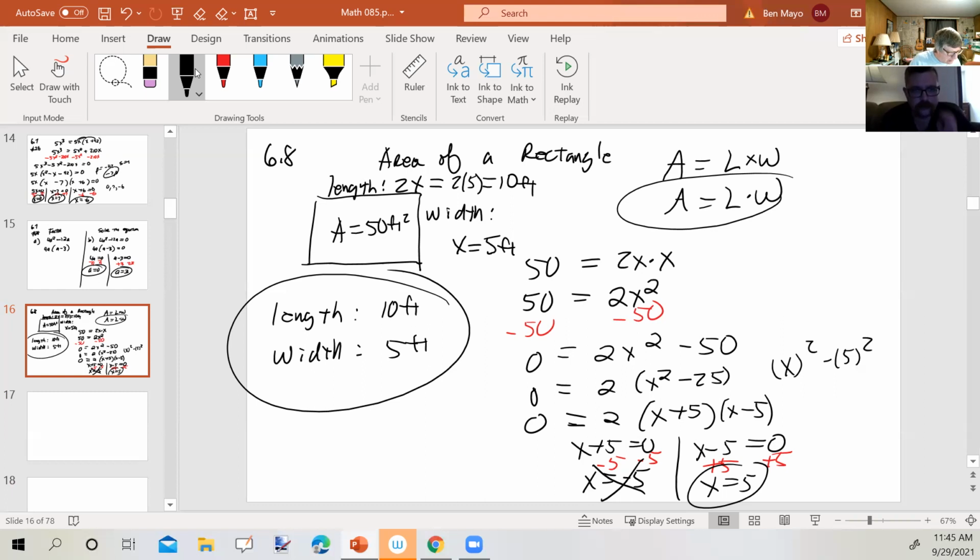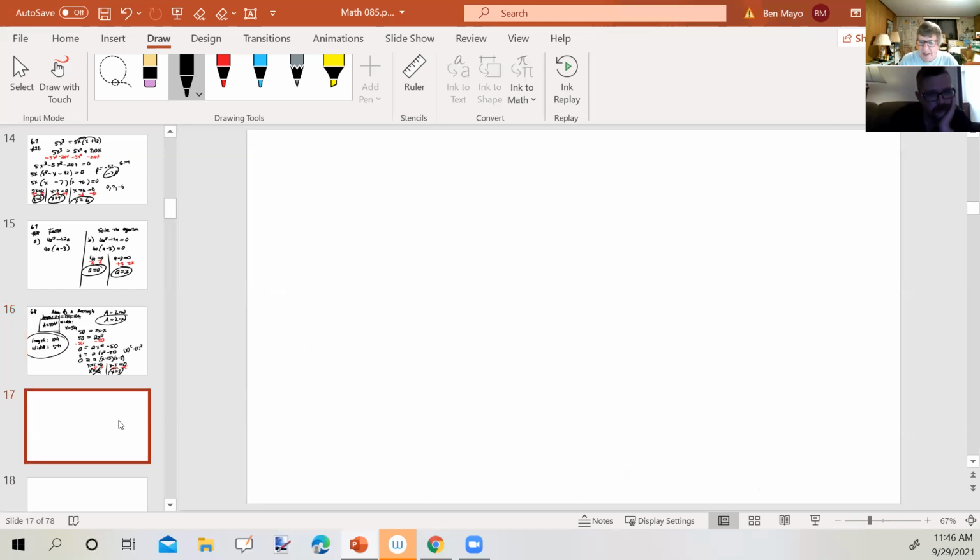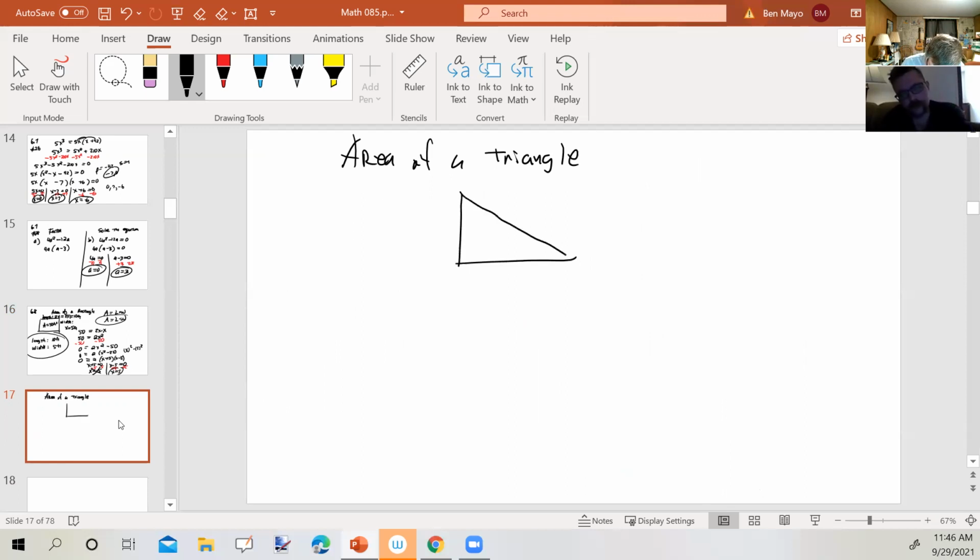Okay. Let's take a look at another example. Before we do that, let's review the formula for the area of a triangle. Now, the triangle, you have the base and the height.